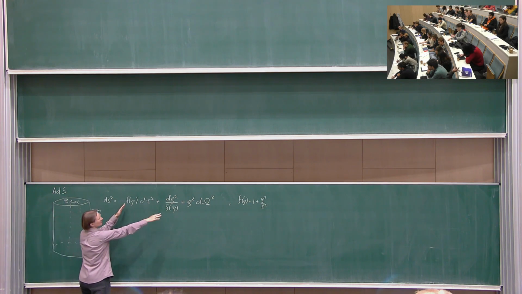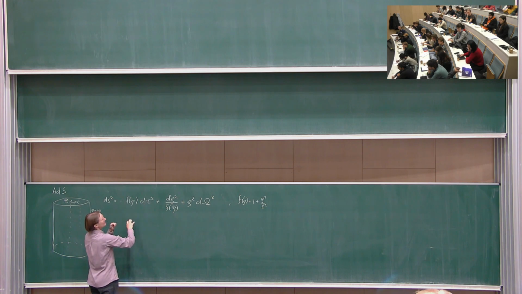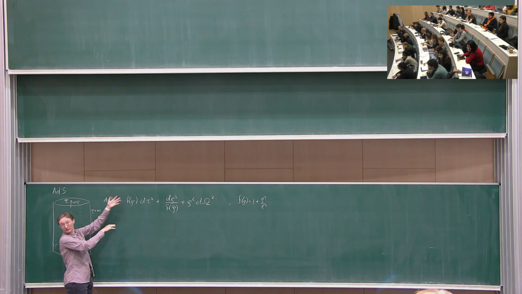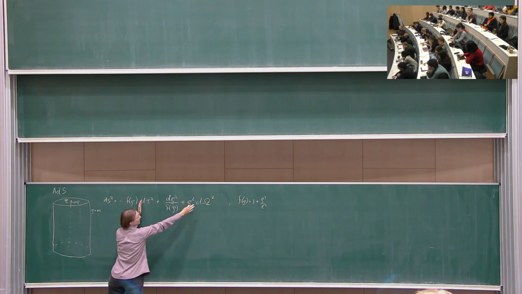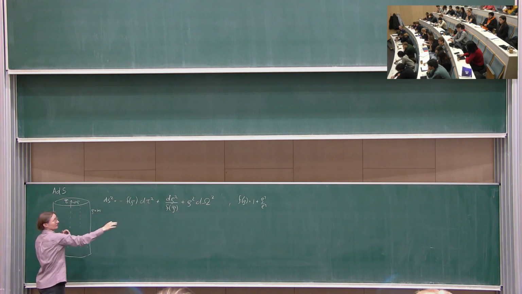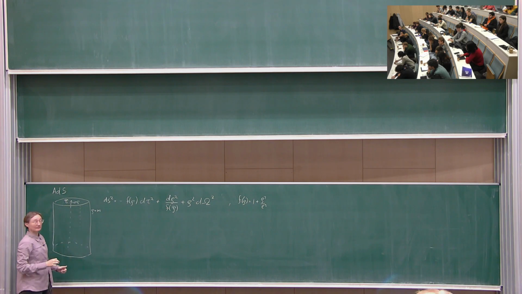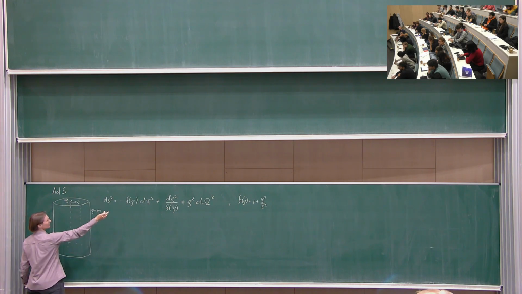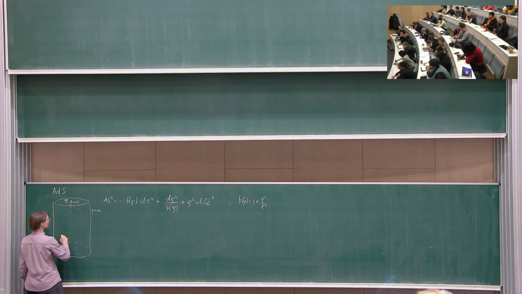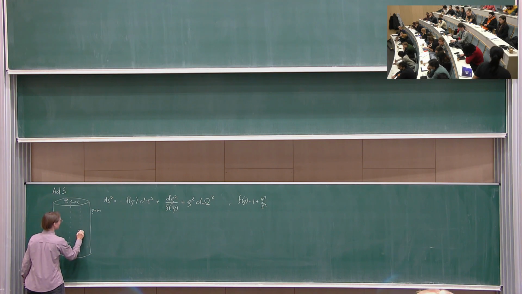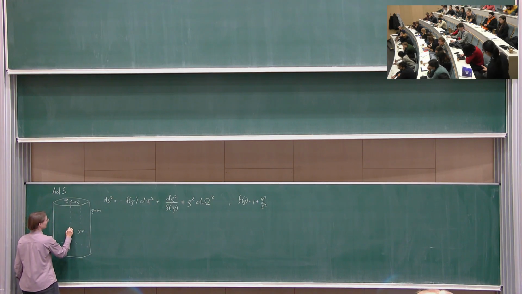You can write this metric a little more easily as 1 over cosine squared times just a metric which has a manifestly flat form in spherical coordinates. Okay, so this is like rho equal to L, rho equal to 0.